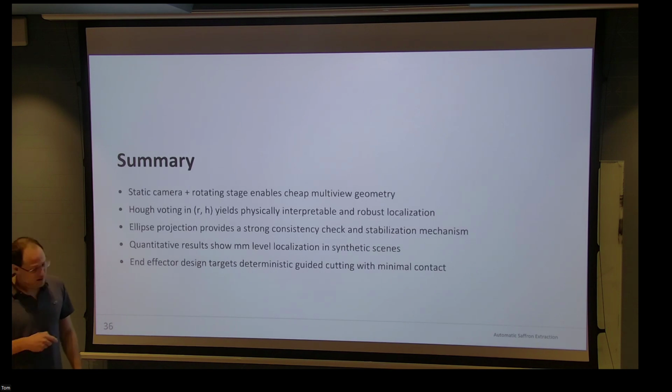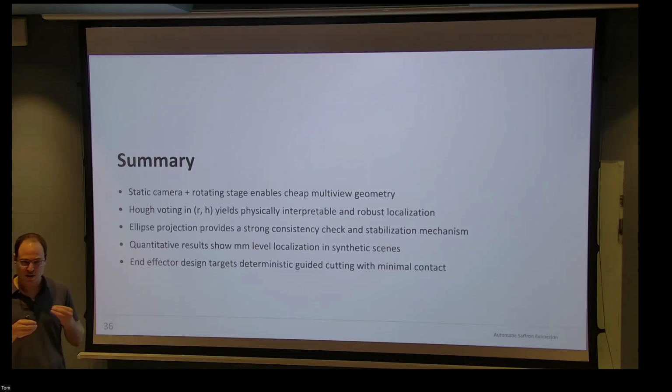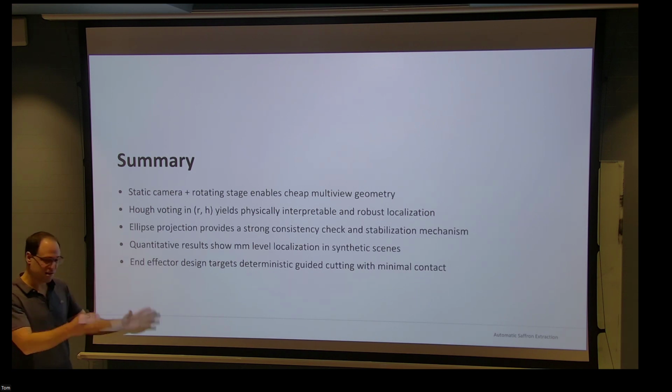In summary, we did this project with a static camera and a rotating stage, and we get cheap multi-view geometry. The half voting gave us high stability and a robust way to detect the curve. And now we did ellipse projection again, and we search in 1D, because the circle takes our 3D world to a 1D world.